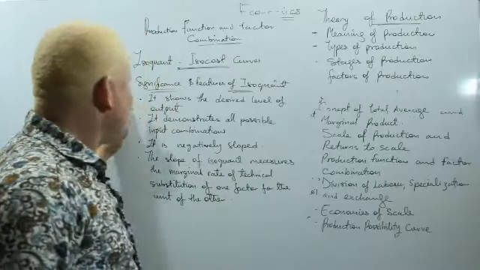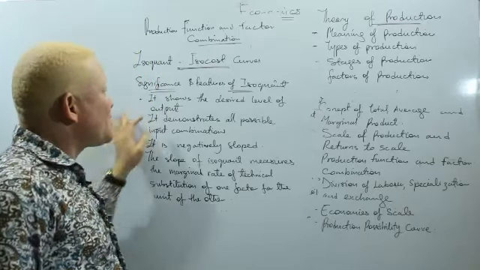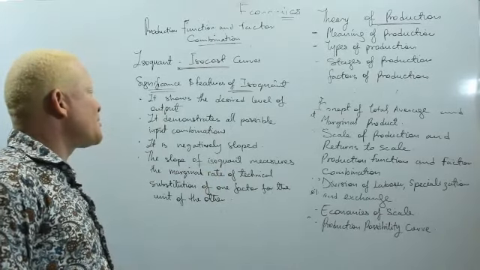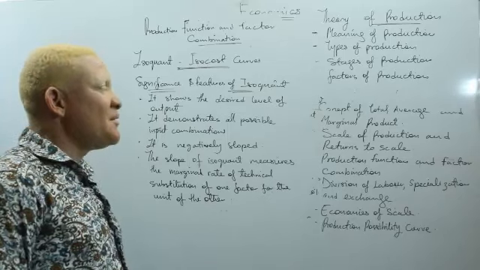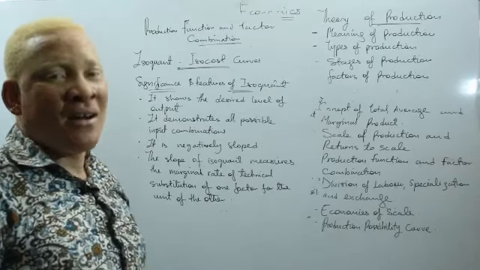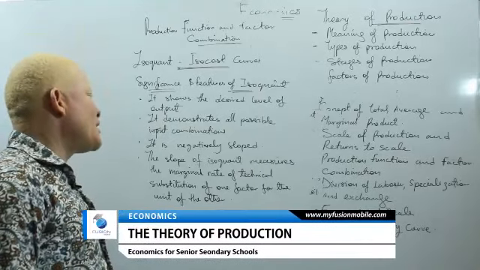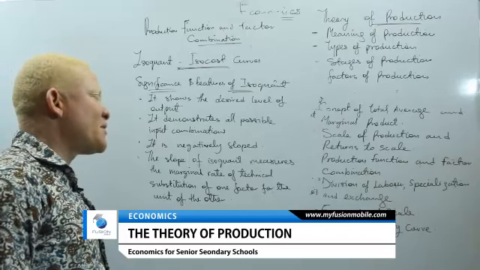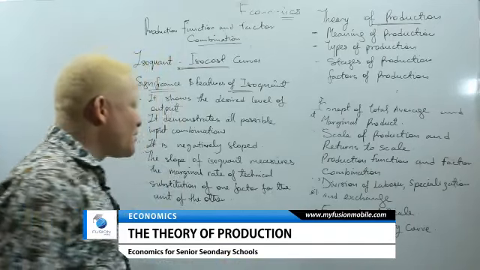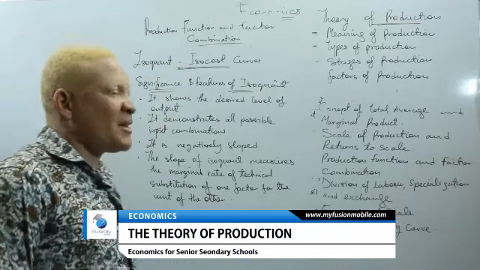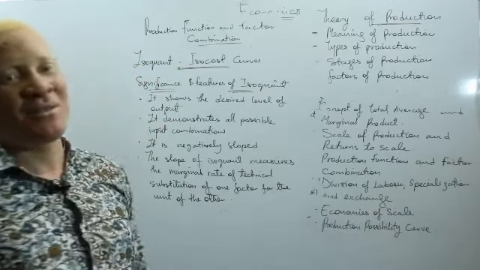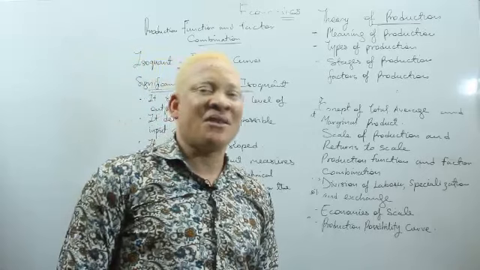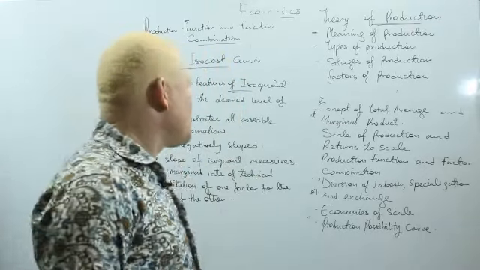So these are characteristics of the Isoquant curve. It shows the desired level of output. It demonstrates the possible input combinations to give a particular desired level of output, while it is what? Negatively sloped. That's just the nature of it. The slope measures the marginal rate of technical substitution of one factor for the unit of the other. That means, for instance, capital and labor tells us how many units of labor will be substituted for 1 unit of capital, and vice versa.